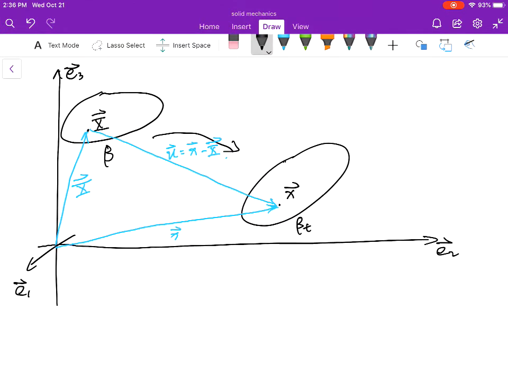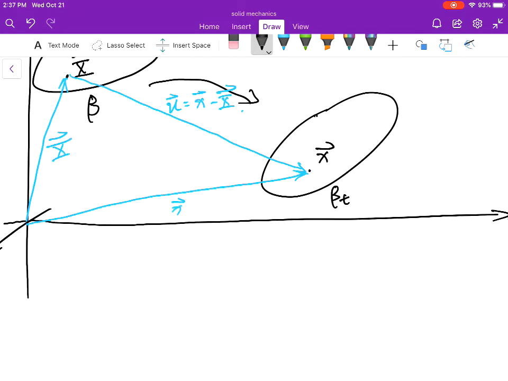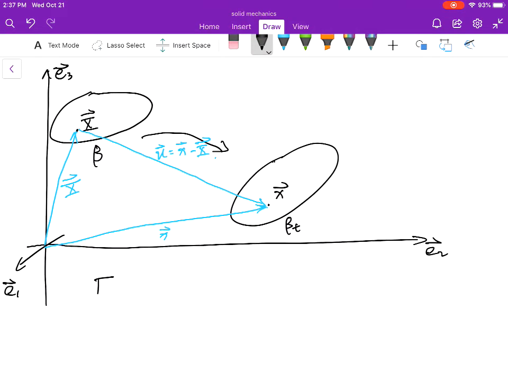And now we can define a deformation gradient F equal to partial x over partial uppercase X. This means that F is a second order deformation gradient tensor which equals the partial derivative of the current configuration position vector x with respect to the undeformed original uppercase X vector.